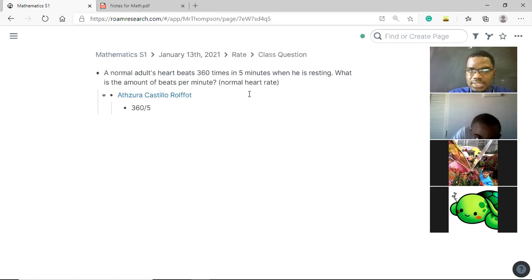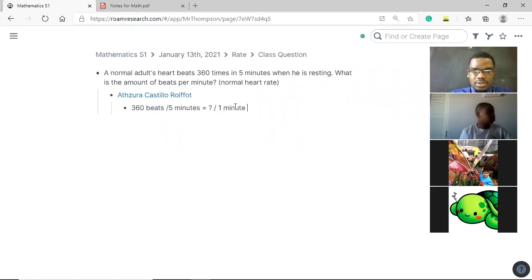Then you put the fraction line, sir, I don't know what it's called. And then you put 1 at the bottom. And you put the question sign over 1 minute.